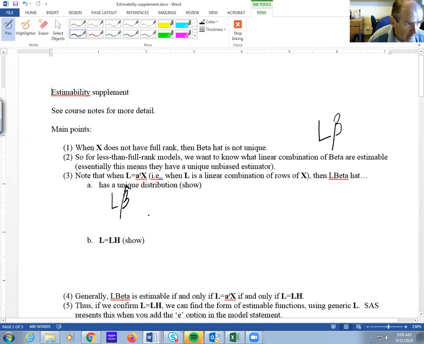So we're interested in the distribution of L beta hat. And like last time for beta hat, we can use that linear form result to figure out the distribution.